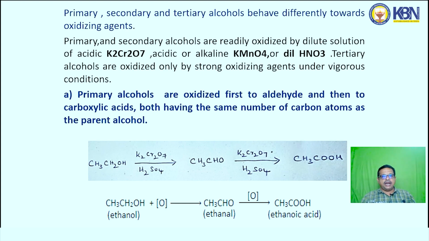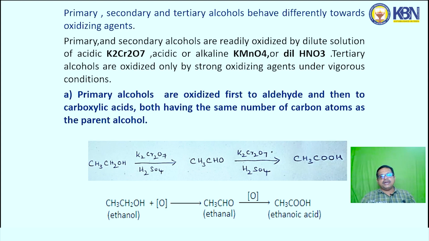Primary, secondary and tertiary alcohols behave differently towards oxidizing agents. We have several types of oxidizing agents such as potassium dichromate, alkaline potassium permanganate, and nitric acid.